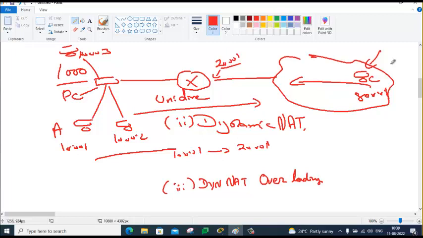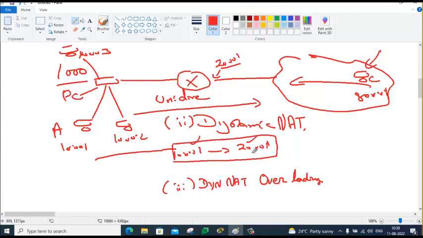Now, when C replies, what will be the destination address? 20.0.0.1. And then the router is keeping track. The router knows that it has given this address to this guy.